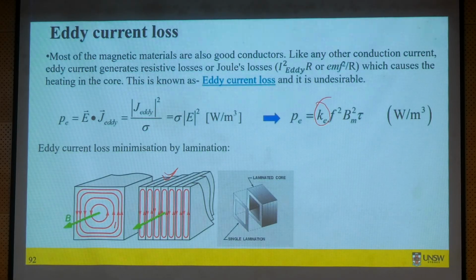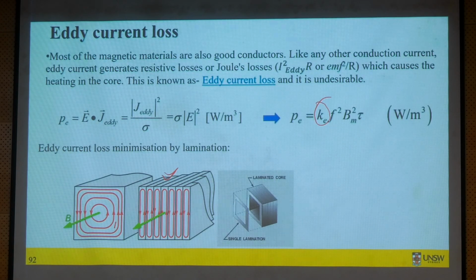So often finite element analysis always underestimates iron loss. Even under load condition, you can calculate iron loss using finite element, but it underestimates. If you try to match it with your experimental result, it never matches. The experimental loss is always higher.